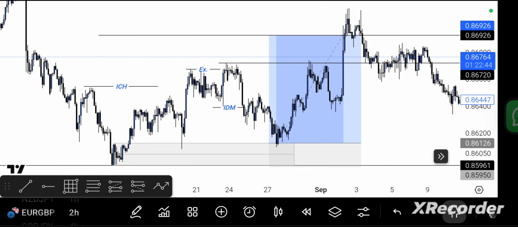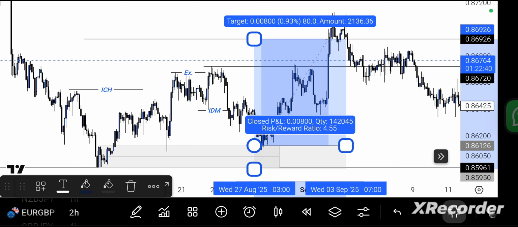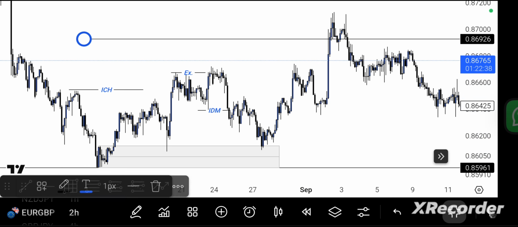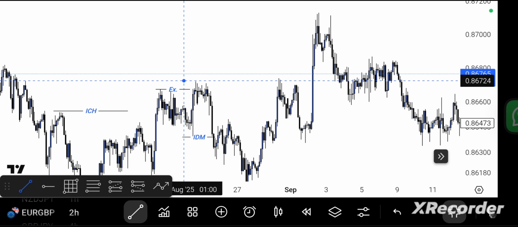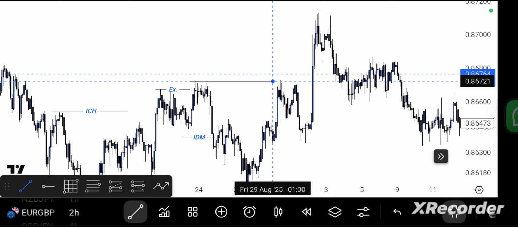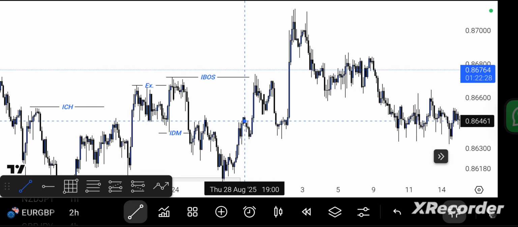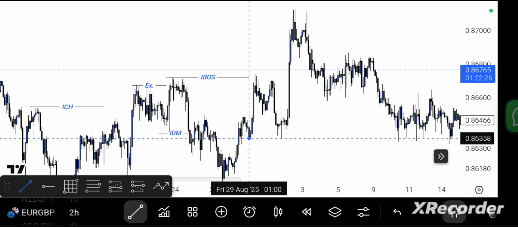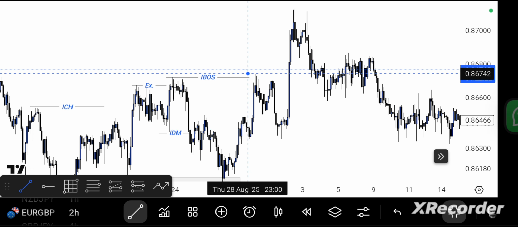So yeah, that's the first trade. Like I said, I didn't take this trade, I deleted the setup. So that has played out already. So delete, we continue. So we had a break of structure, IBOS, to the upside. After this IBOS, there is no point of interest inwardly, there is no inducement, so we're expecting an extension.